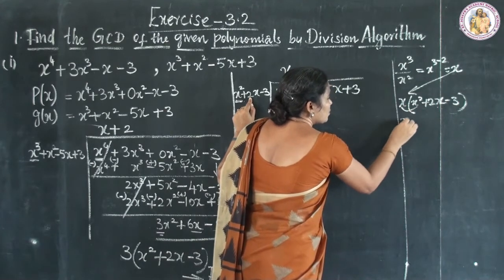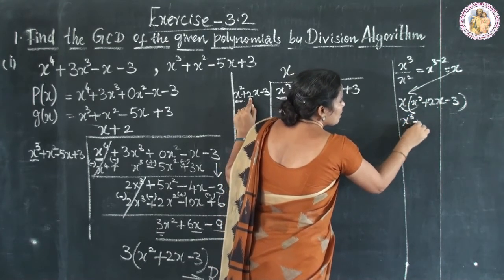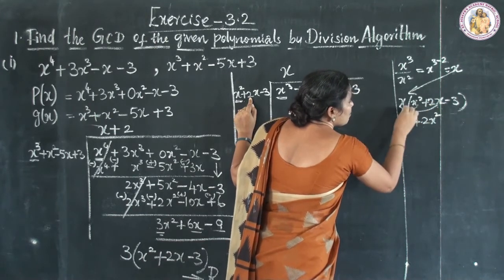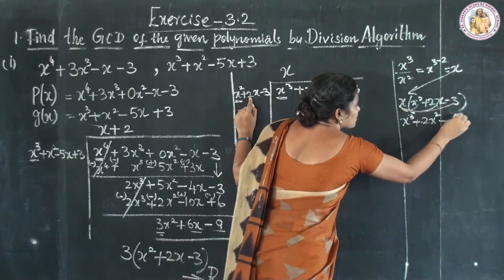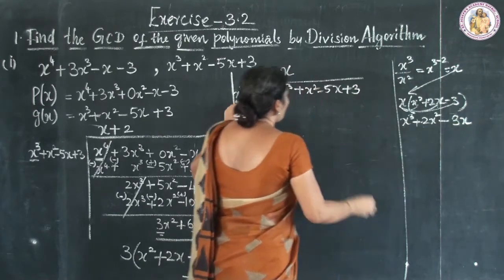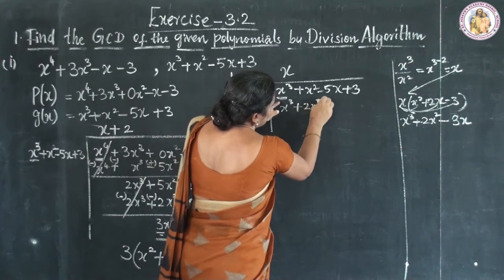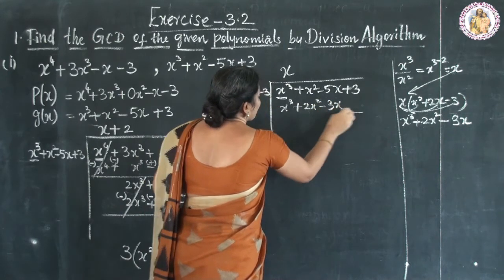So x into x square is x cube, plus x into 2x is 2x square, minus 3x.